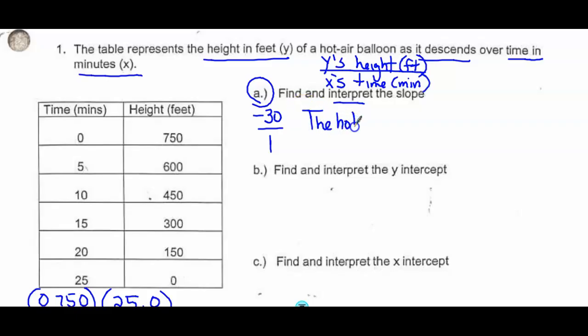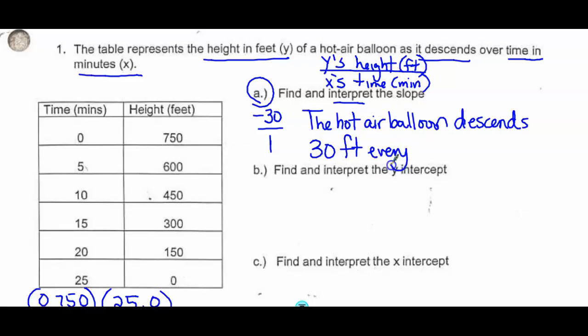The hot air balloon descends 30, and that 30 is feet every 1 minute. So when you write your sentence and you're interpreting, make sure you interpret both numbers.